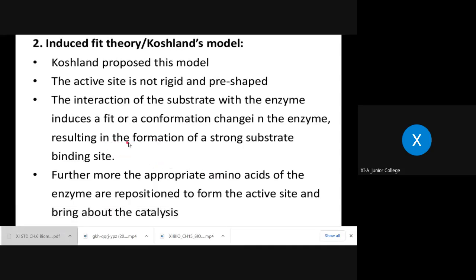Protein structure, if you remember, primary, secondary, tertiary. At first we discussed that the enzyme action is dependent upon that particular structure of the protein. So remember, this is considered the most accepted theory, as it shows that the active site of the enzyme is not rigid or pre-shaped, but when the substrate comes in contact with it, it adjusts itself and fits the substrate, forming the strong substrate binding site.